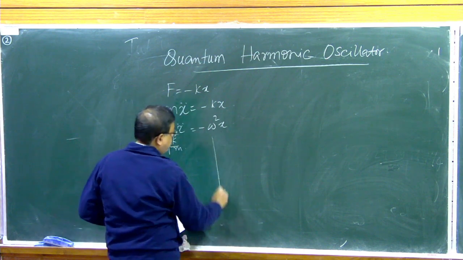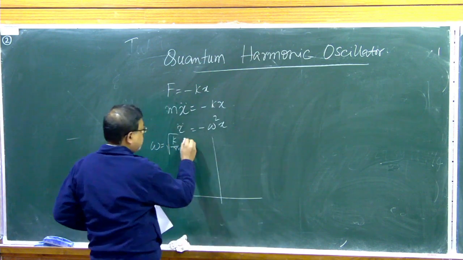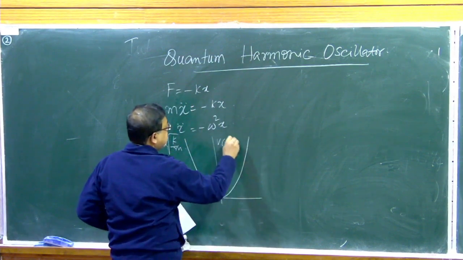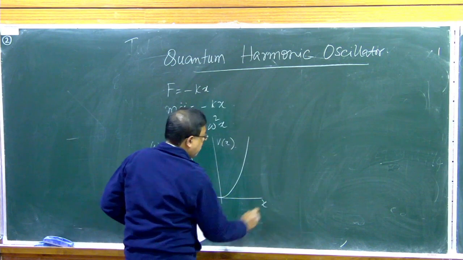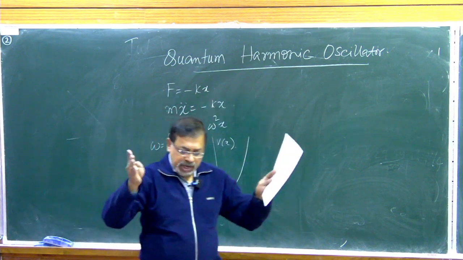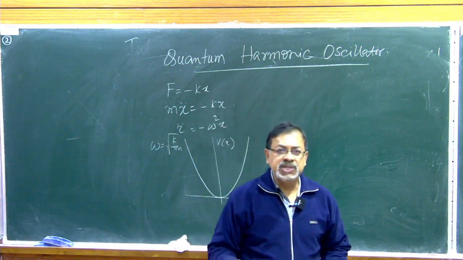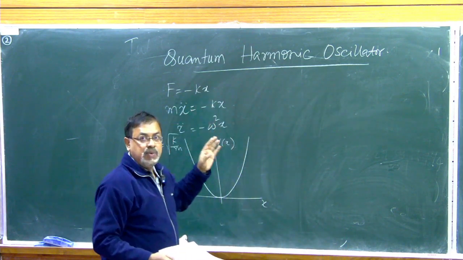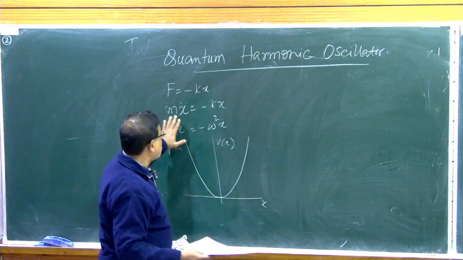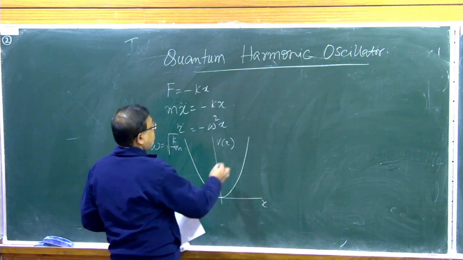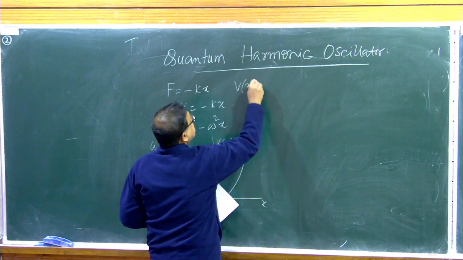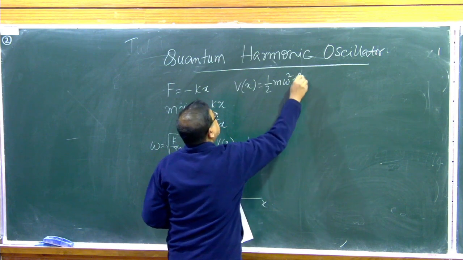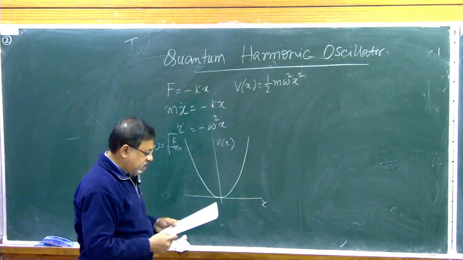If you plot V as a function of x, it just looks like this. So, there is a potential well that the particle is subjected to, and you are expected to solve the Schrodinger equation corresponding to this kind of potential, V of x equal to half m omega square x square, where omega equal to root over k by m.